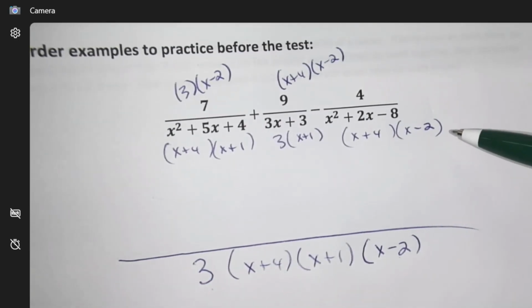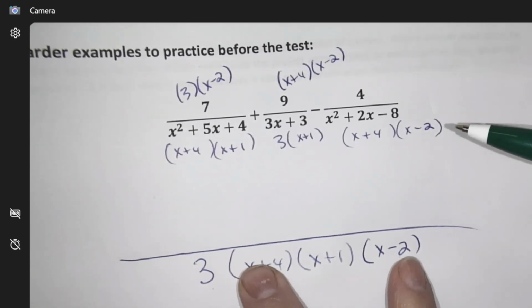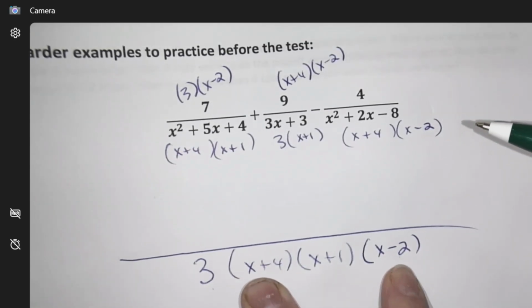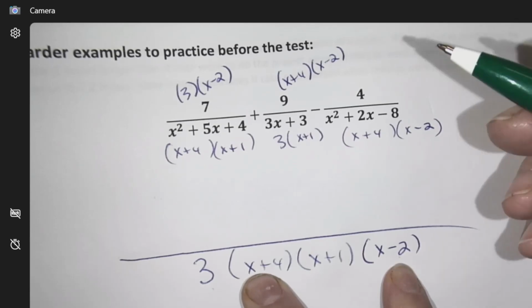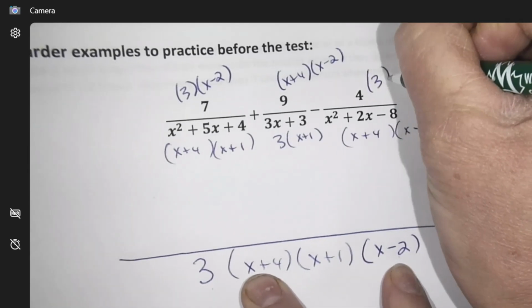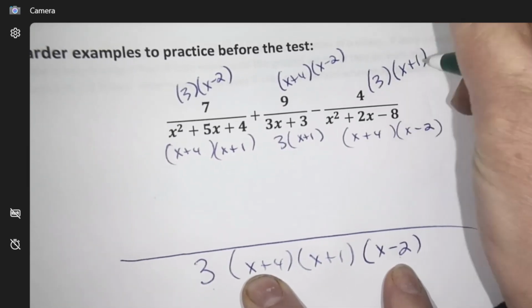The third fraction is different by a 3 and an x plus 1.